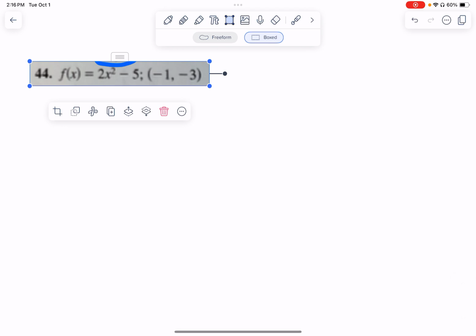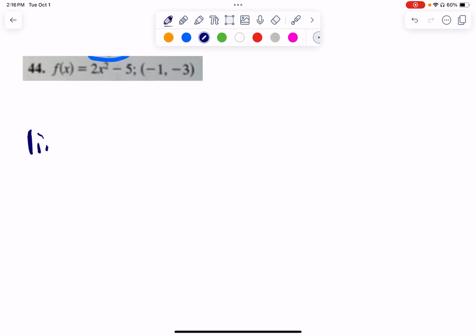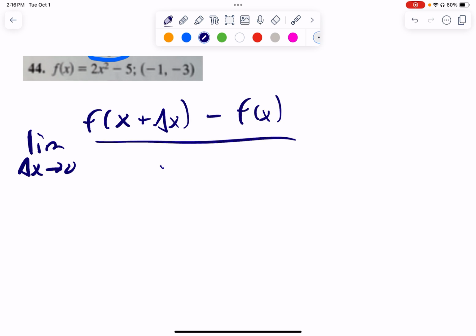So first I'll find the slope. Same old, same old. First I'll write the most generic form. I'll switch back to the delta x version. The specific x value we want is negative 1, so I'll plug that in.